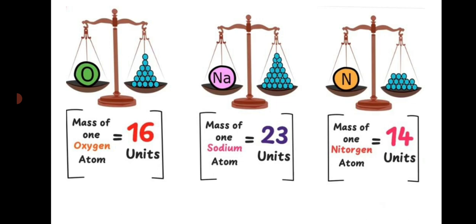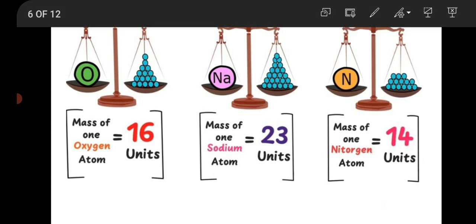So the scientists calculated the mass of different atoms relative to the carbon 12 atom, and the relative atomic mass is defined as the mass of one atom of an element relative to 1/12 the mass of a carbon 12 atom. So in this slide you can see the mass of one oxygen atom is 16 units.